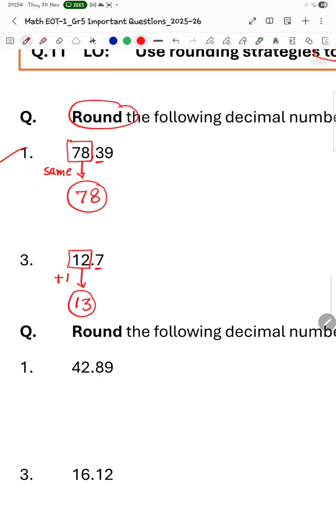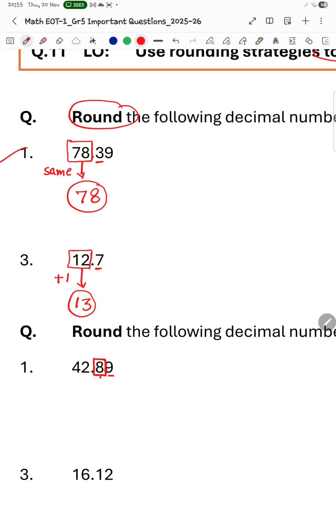In this question, 10th place, I have digit 8. So I will put digit 8 in the box because now I have to round the 10th place only. So I will make a box for the 10th place and look at the next digit. Next digit is 9. Good number.